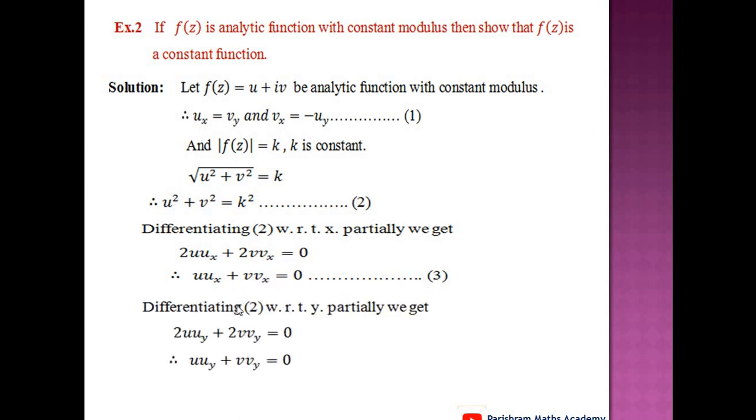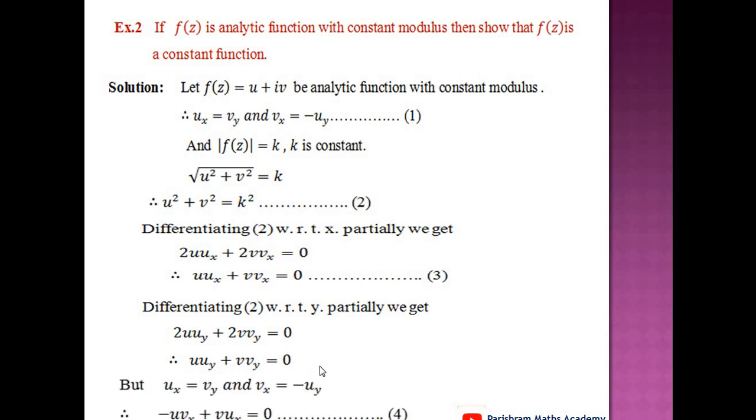Again, differentiating equation 2 with respect to y partially, we get 2u uy + 2v vy, and the derivative of k squared is 0. By dividing by 2, we get u uy + v vy = 0.